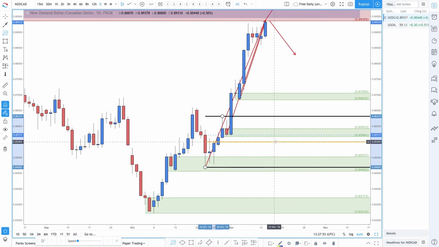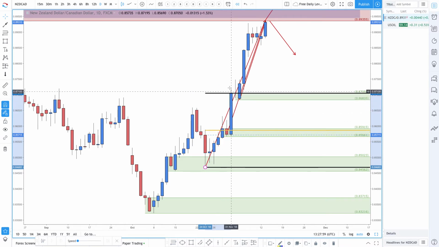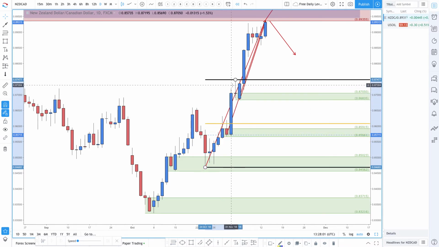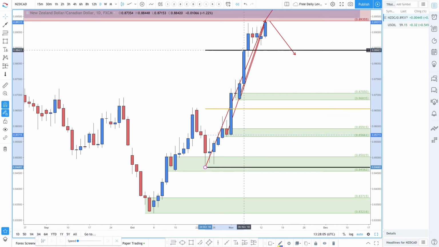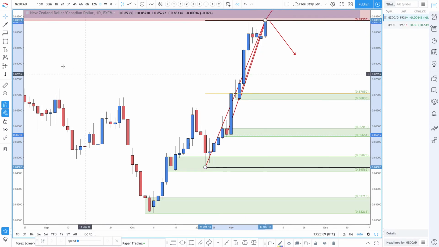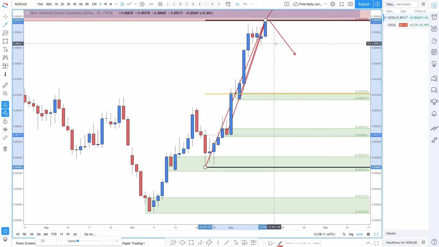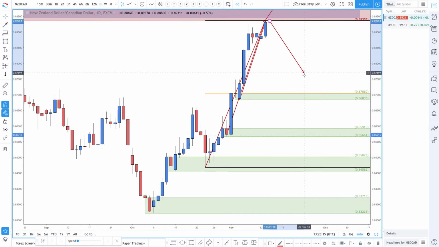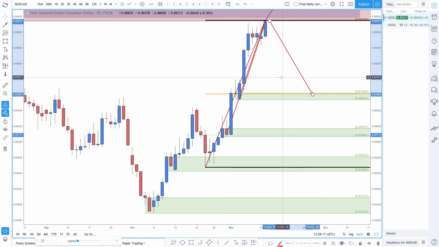This golden level here is what I would refer to as fair value, right? So the higher we go, we haven't had any kind of pullback into fair value as we've made new highs. And at some point, prices never go up forever, we tend to go back down to some sort of fair value range, right?